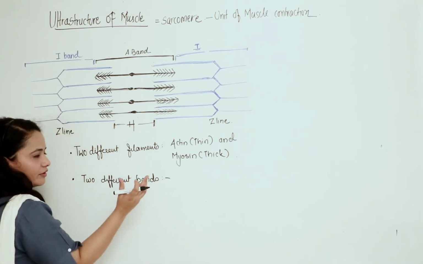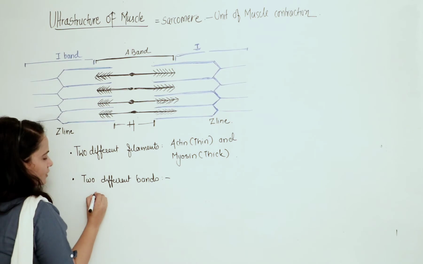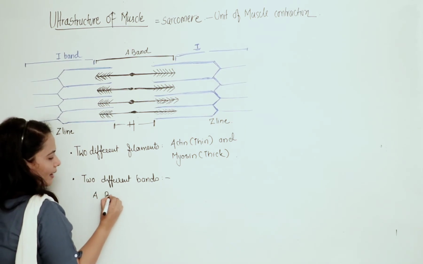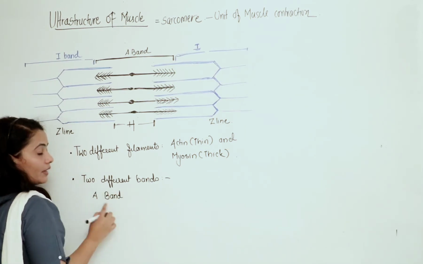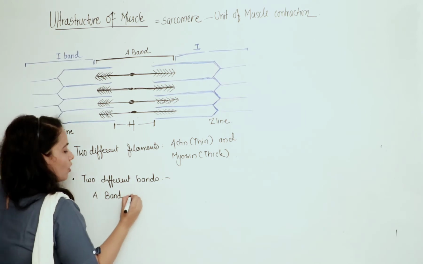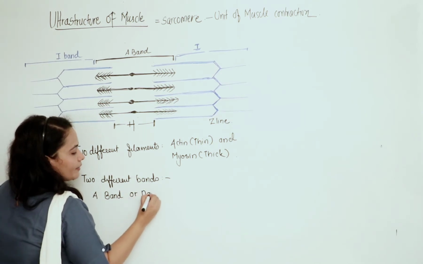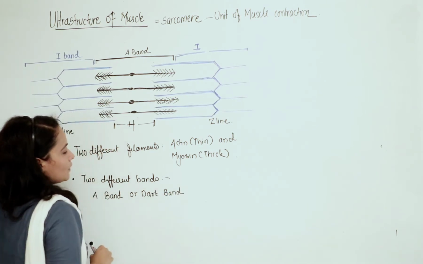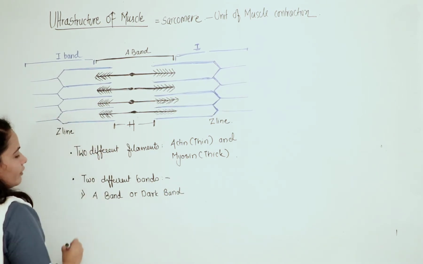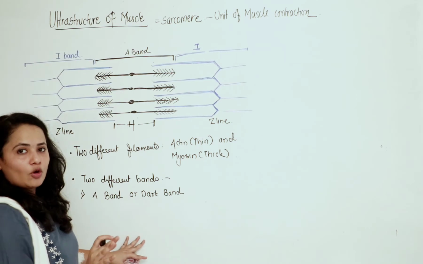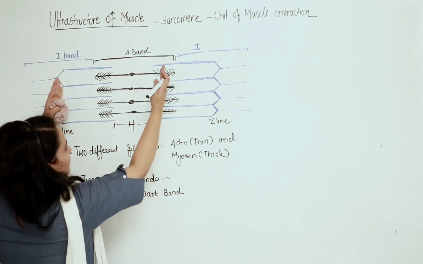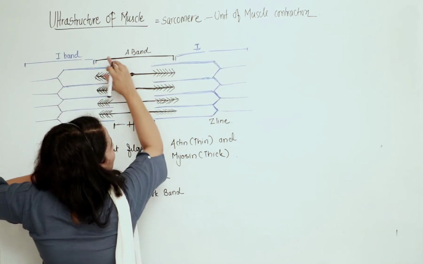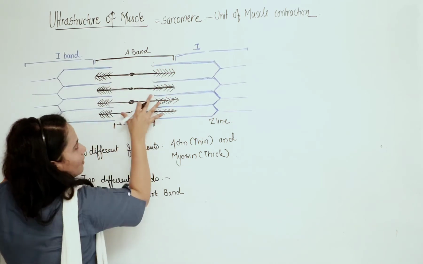Now these two different bands are, the first we will write as the A band. The A band is also called the dark band. If we talk about the A band first of all, you can see that in the center there is the A band.